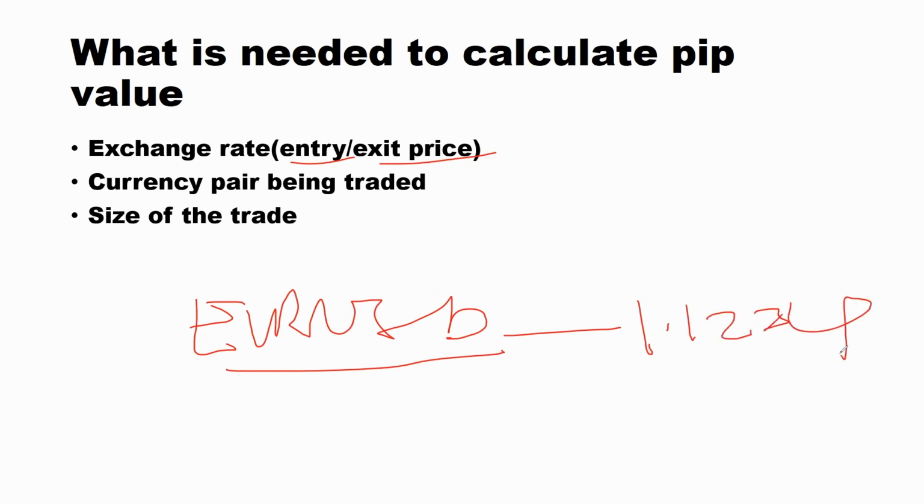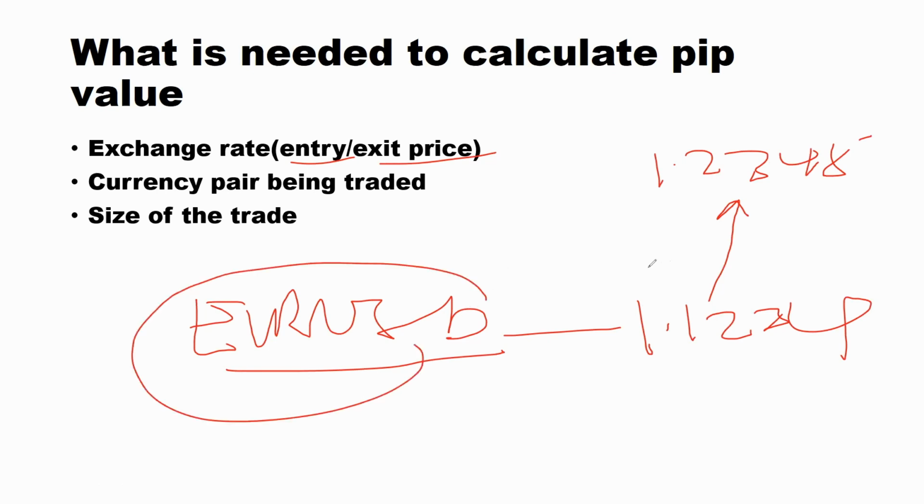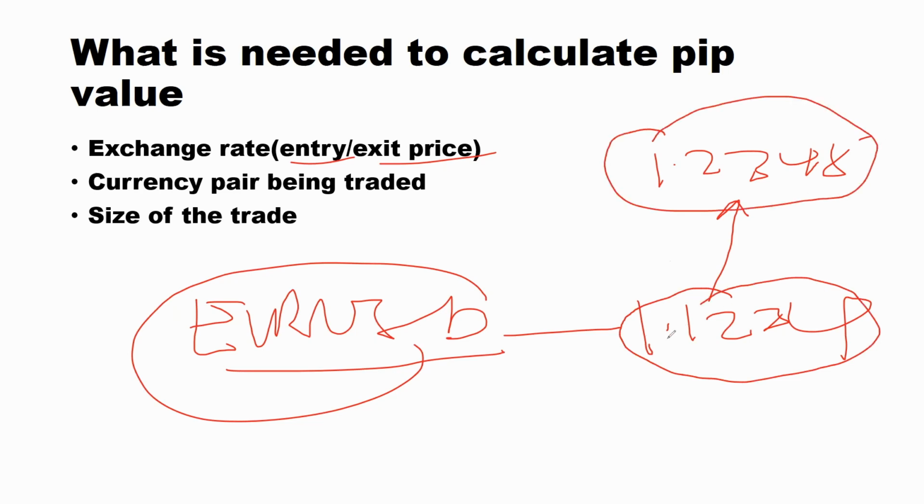This is not the real exchange value, I'm just giving an estimate, right? If we expect it to move up to, let's say, 1.2345, we are buying, right? We expect it to move up. So this is your entry, you entered from here, and this will be your exit, where you expect it to move to. This is what I'm talking about, the exchange rate. You need the entry and then the exit price.